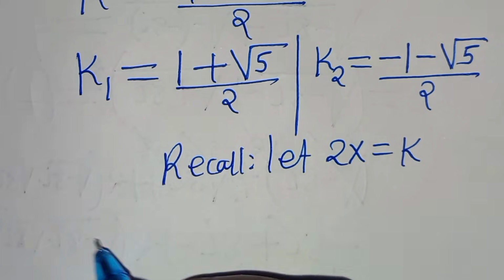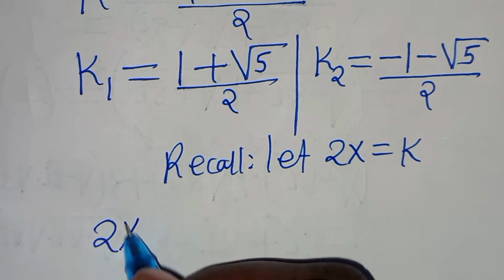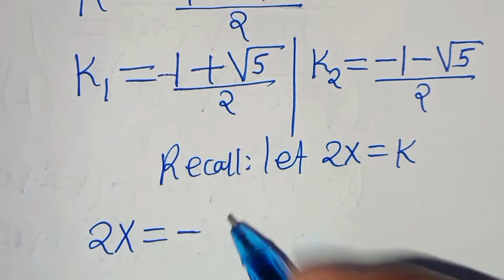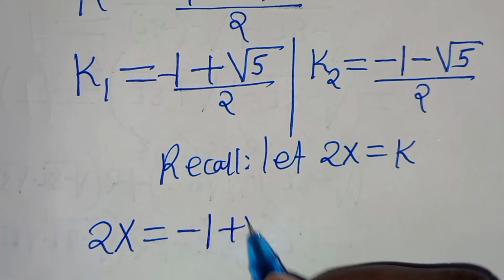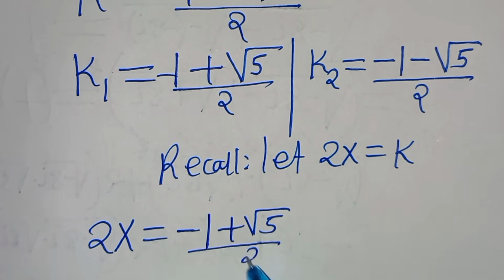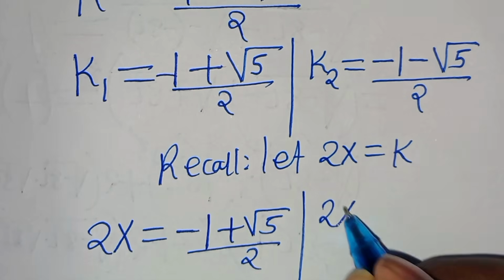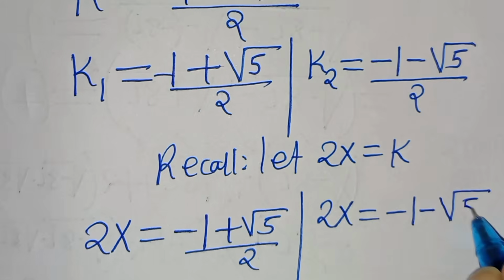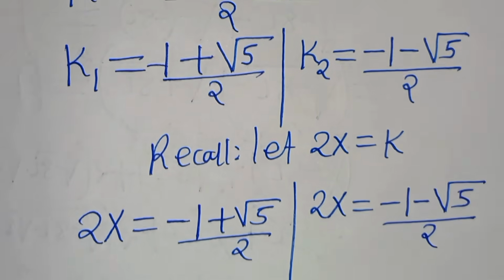So this means that we have 2x equal to negative 1 plus square root of 5 divided by 2, and we have 2x equal to negative 1 subtract square root of 5 divided by 2.